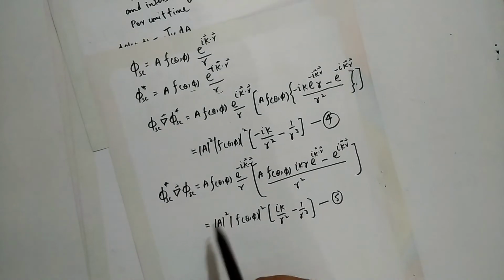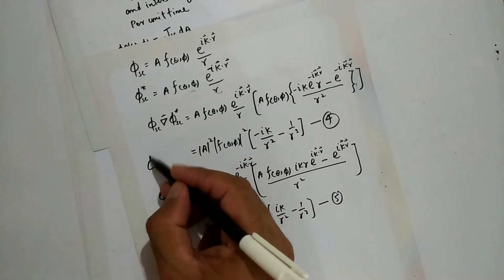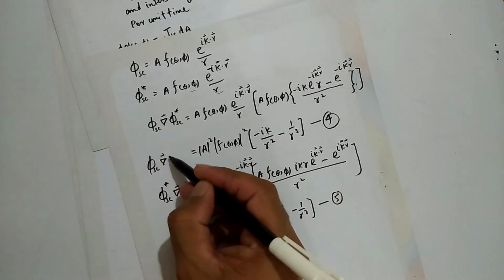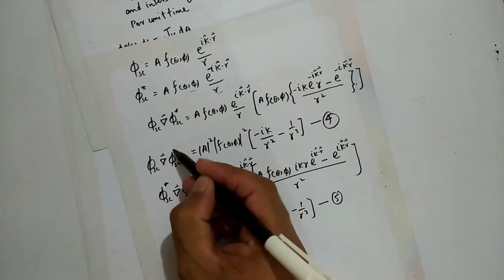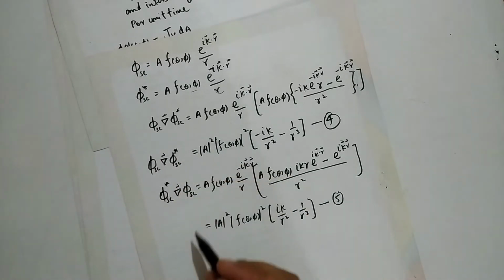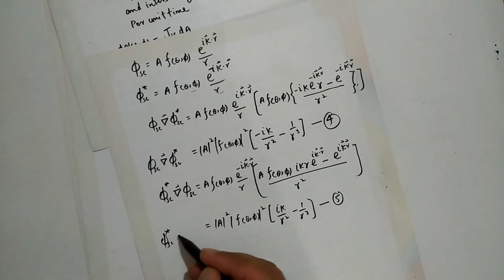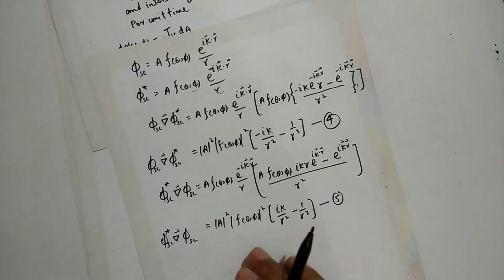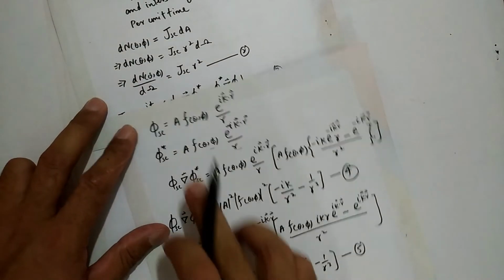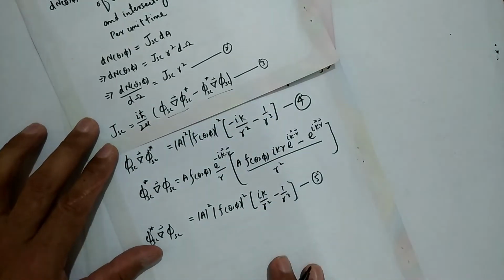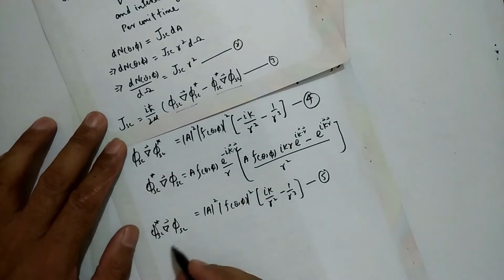This is equation number 5. Now putting these two values here, this one is the scattered wave times the gradient of the complex part of the scattered wave function, and this is the complex part of the scattered wave function times the gradient of the scattered wave. Clear? So substituting these two expressions in equation number 3, we will get J scattered using equation number 3.